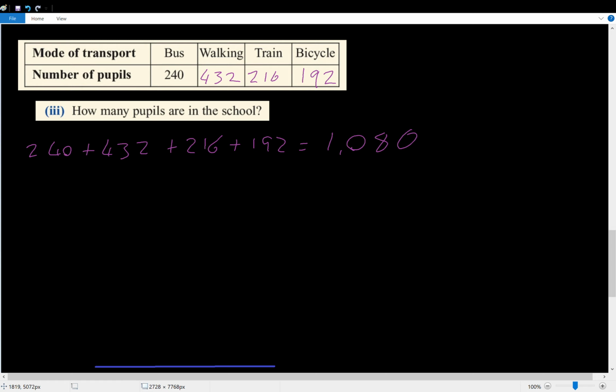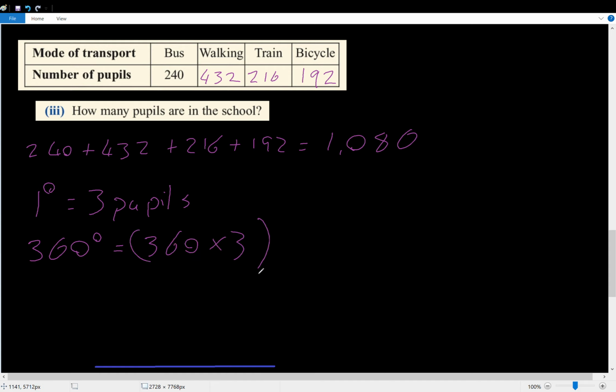But if we wanted, there is a slightly different way we could do this. We know that a single degree of rotation, 1 degree, is equal to 3 pupils. We figured that out in part 2. And since a full rotation is 360 degrees, that means if we multiply 360 by 3, we'll get the amount of pupils that are in the school.